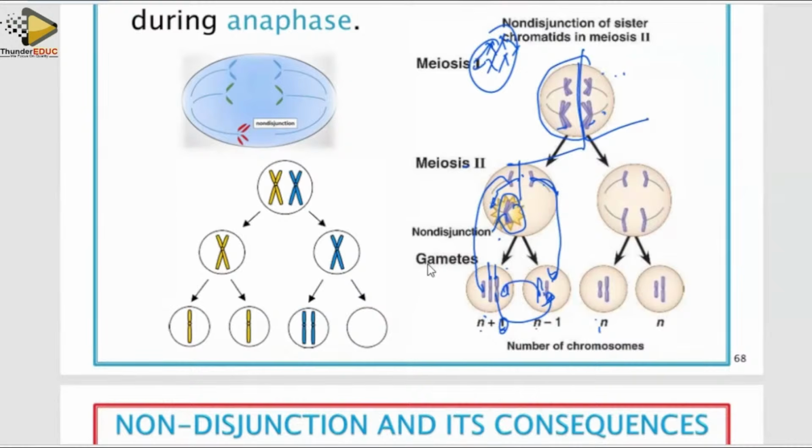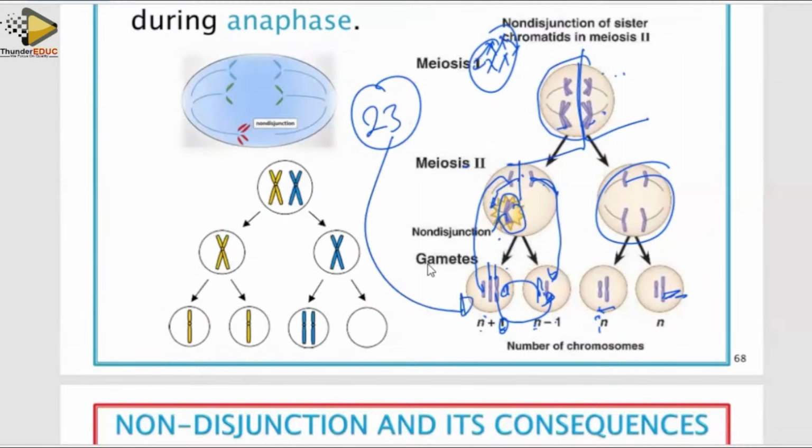If the cell is supposed to have 23 chromosomes, it is now going to have 23 plus 1, that's why I say n plus 1. So it's going to be 24. And this other cell, supposed to have 23, is going to have 23 minus 1, because the other one went to the other side. So it's going to be 22. And this one is normal, it's going to be 23.